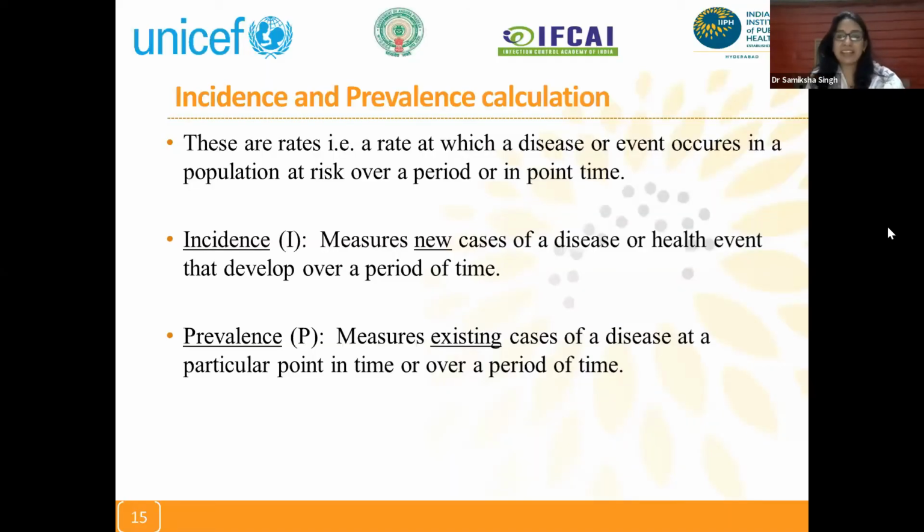Now I'm going to share another continuation of the presentation on screen. Okay. Now we were just discussing incidence and prevalence, right? In that, we talked about how incidence is more prospective in nature.